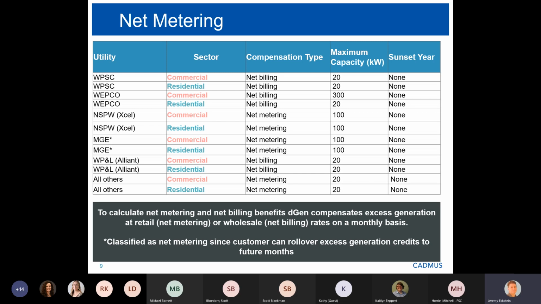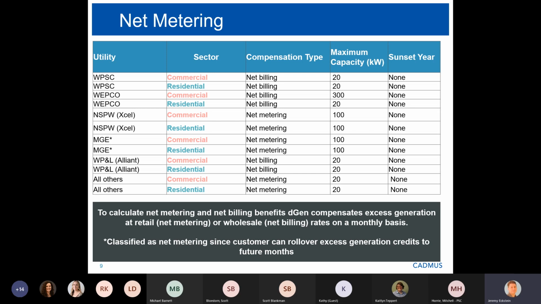Another important financial input is whatever the net metering or net billing policies in Wisconsin are. We reviewed the assumptions that were provided to us by NREL, and we made adjustments based on additional research that we conducted into the tariffs for the different utility areas.